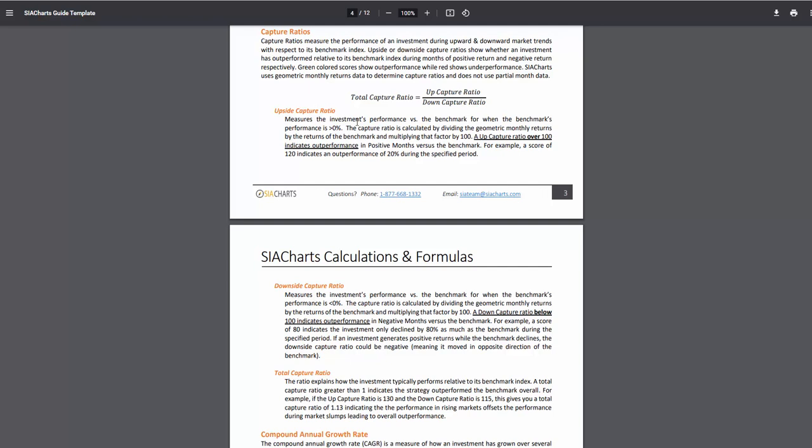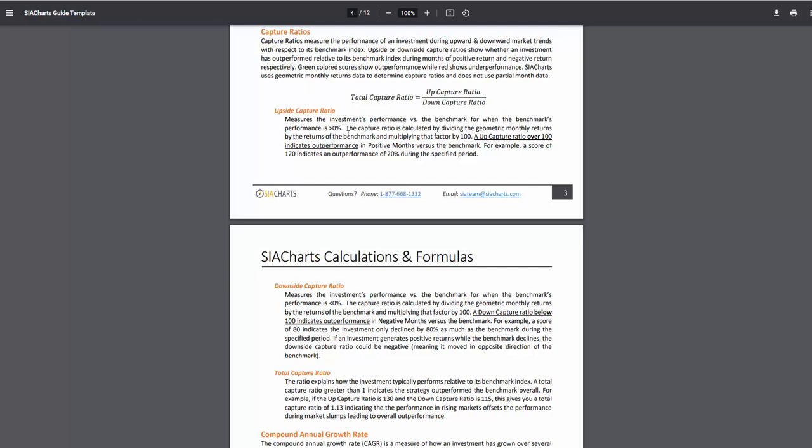So the total capture ratio is just going to divide your up capture ratio by your down capture ratio. Anything over 1, which is going to be highlighted in green to make it easy to understand if it's good or not, is going to tell you that the risk and the reward that you're taking on is paying off versus the benchmark you're comparing it to.